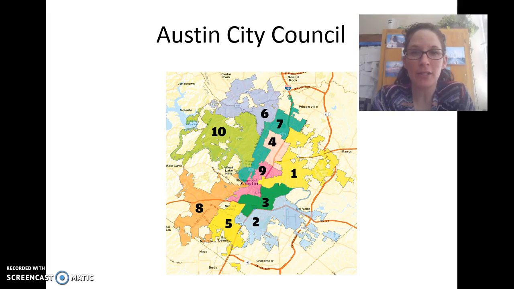What this allows is assurance that every person on City Council represents the interests of a particular part of Austin. So you can have someone representing South Austin, East Austin, West Austin, Central Austin. Every part of Austin definitely has one representative on the City Council. We just moved to the single-member district system in 2012, 2014.